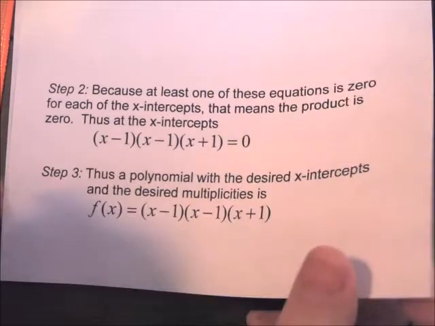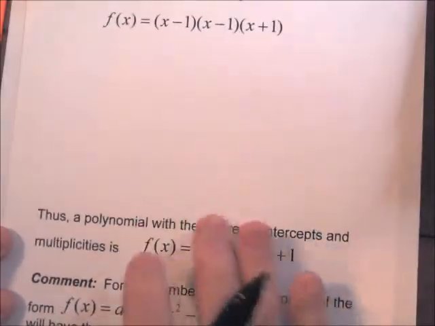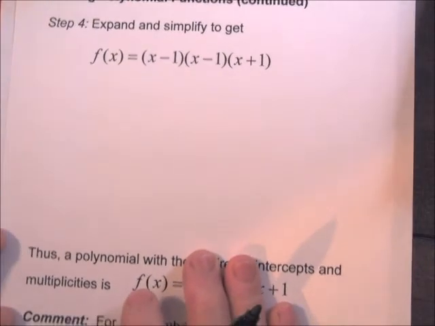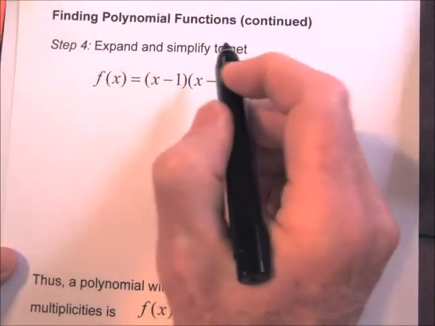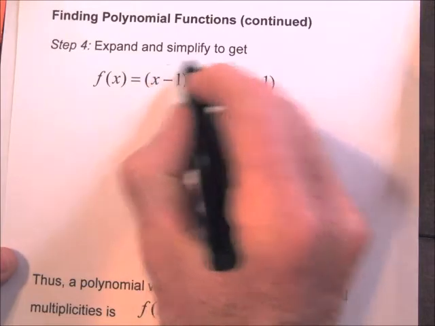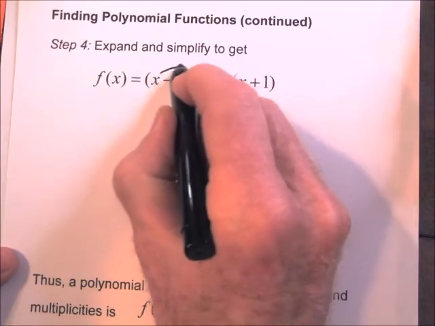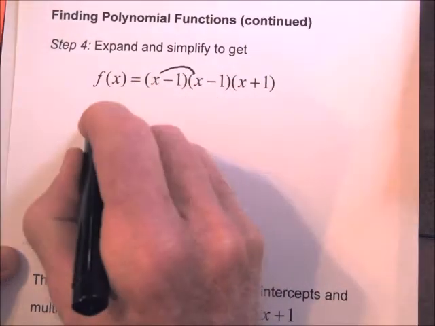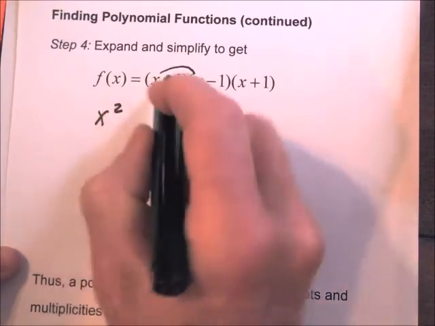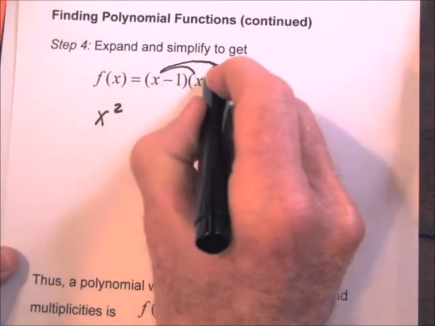Okay, and then we can expand that and simplify. So, okay, if we use the FOIL method for the first two factors, x times x is x squared. The outer product is negative 1x.